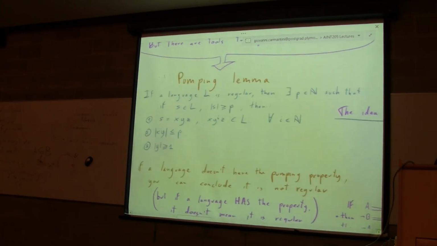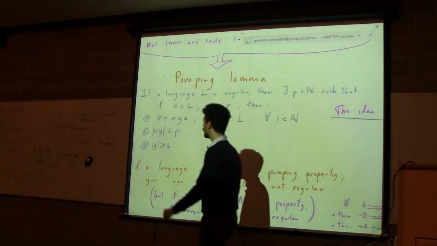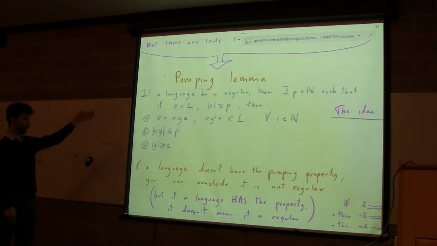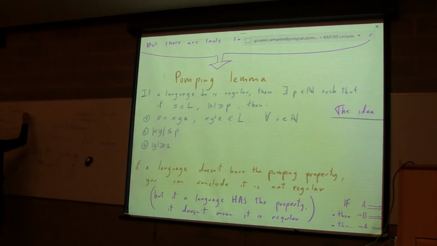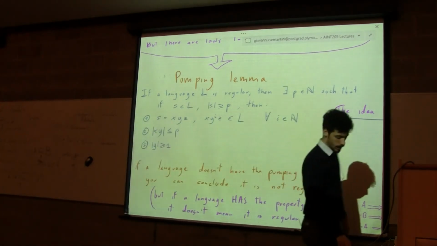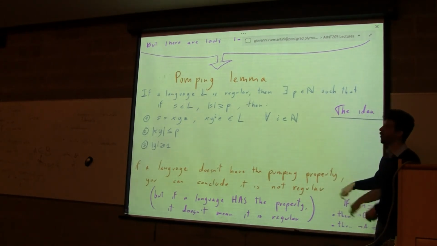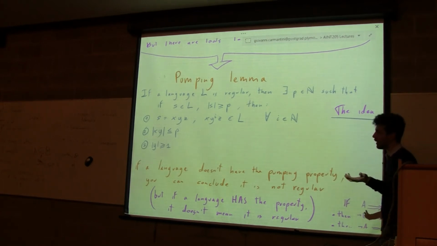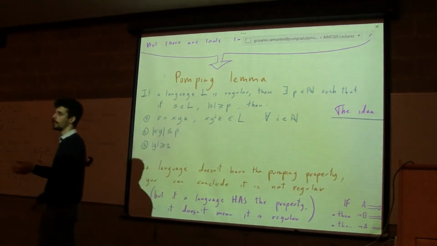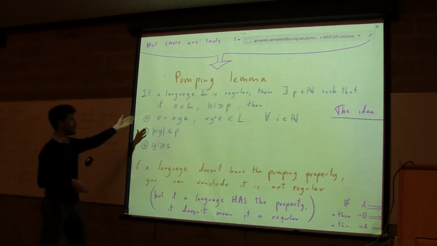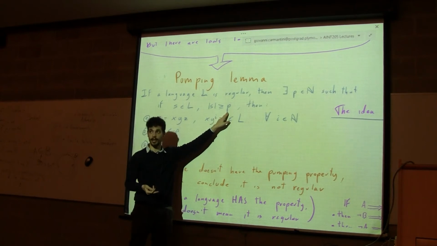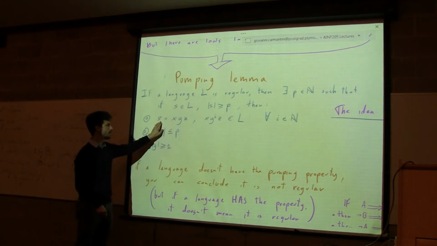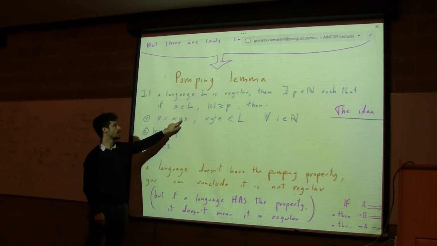So the actual statement, the actual definition of the pumping lemma, is: if a language L is regular, then there exists, inverted A means exists, a P belonging to the natural numbers, meaning that for every language I can choose a pumping length, which normally you would make coincide with the number of states in your DFA, such that if S is a string in the language and the string is longer than the number of states in the DFA, then S must be composed of X, Y, Z. The idea is that this Y is where you have the loop.